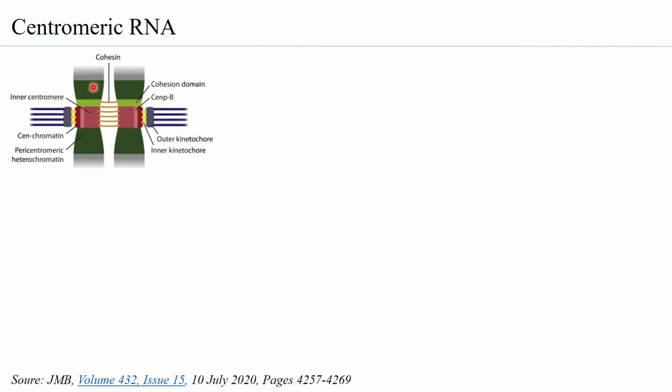And the two sister chromatids are attached to each other by another protein complex that is called as cohesins. You may refer to cohesins in the early prophase itself, where the cohesins are responsible for bringing sister chromatids together, and they hold the sister chromatids together. So they attach the two sister chromatids to each other.